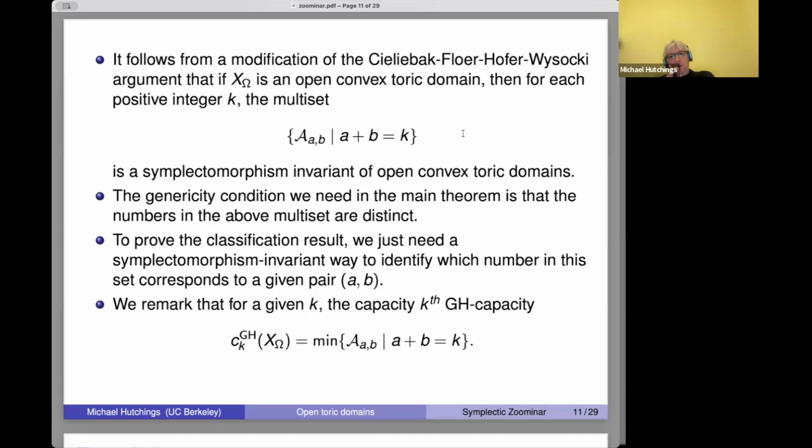So it is possible that maybe one can just recover the domain from this multiset without going through all the rest of what I did. In which case, if that's true, then my argument was unnecessarily difficult.